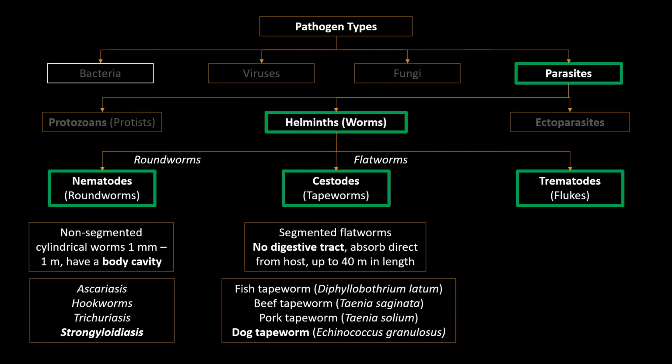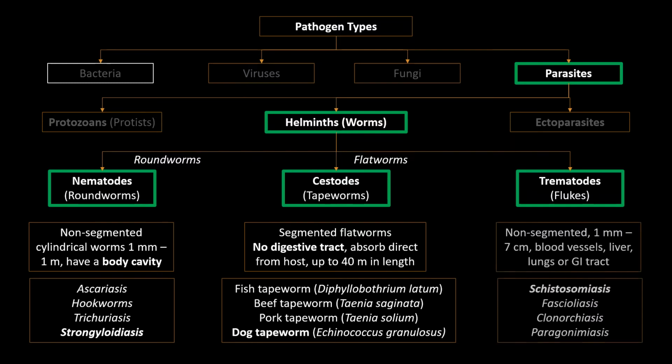The clinically important tapeworms are much fewer than nematodes and can be easily divided up by how they're acquired. The last small group is the trematodes or flukes, which are much smaller worms, capping out at about 7 centimeters at the very largest, which typically have a tropism to a specific organ system in the host. In the flukes we'll discuss today, that looks like the liver, the lungs, or the GI or GU tract.